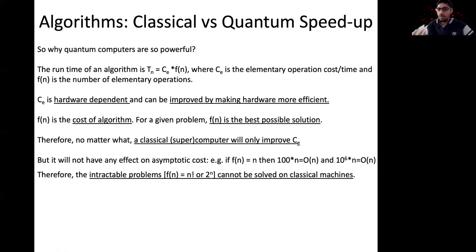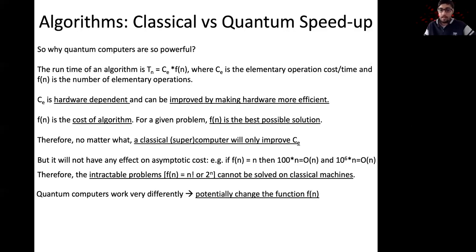And no matter what you do, you can't make it more efficient because it's still n factorial or 2 power n. That's why you might have heard in your algorithms class that there are problems which are NP-complete, all those classifications, because those are inherently very challenging problems. For very large values of n, you won't be able to solve those problems on your classical computer.